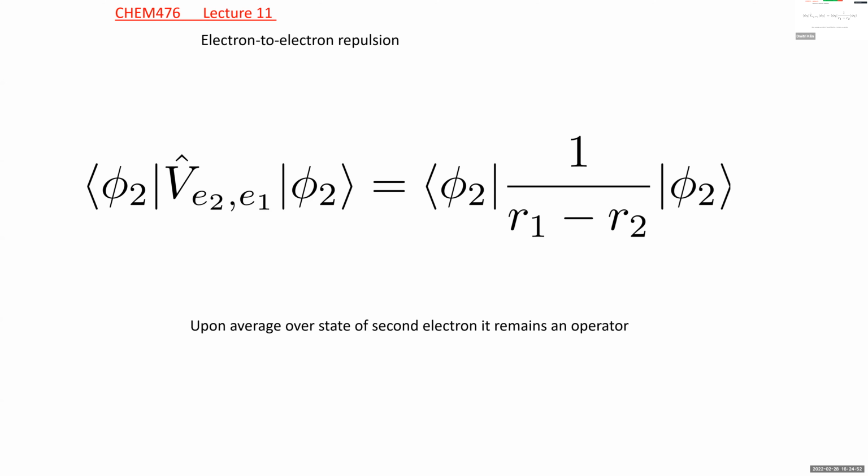So V E2 E1, if we do averaging over the second electron, it will stay a hybrid. It will be an expectation value with respect to the second electron, but it will become an operator with respect to the first electron. If you find it strange, it is normal.